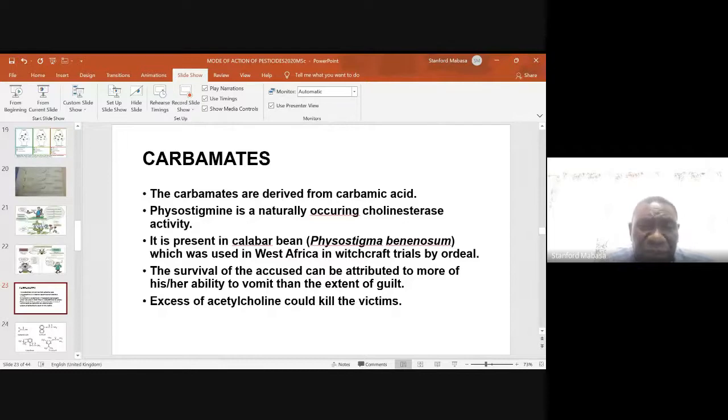So the people in West Africa usually did what were known as witchcraft trials, where they actually forced the people to drink an extract from this bean, which is quite poisonous. If somebody drank that stuff and died, the person was labeled as a witch.